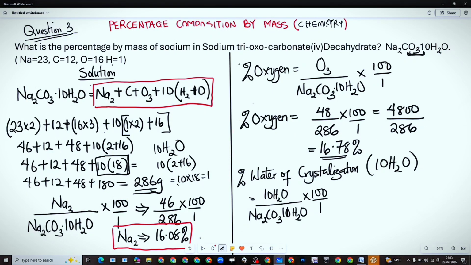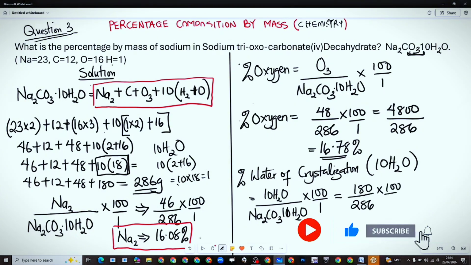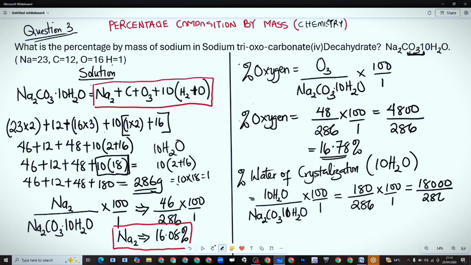If you push it further, it will be 180 over 286 times 100 over 1, that's 18,000 over 286. If we do that, the percentage we're going to get is 62.94%.